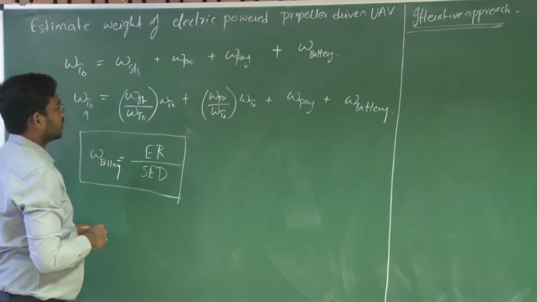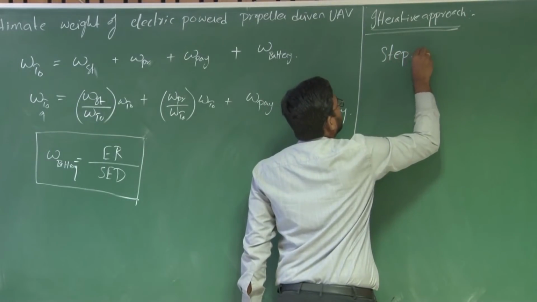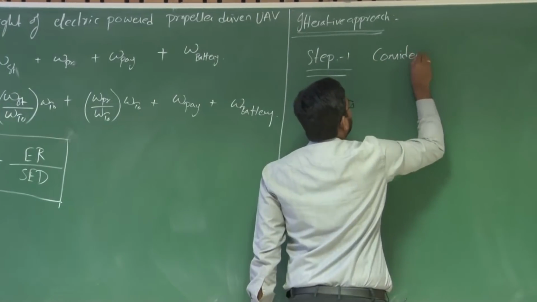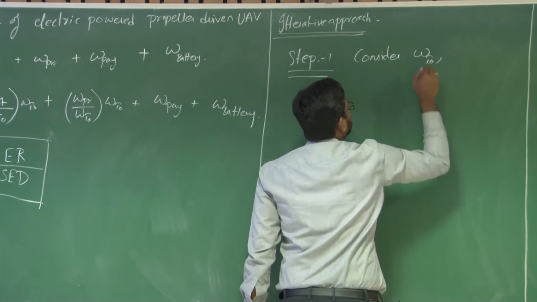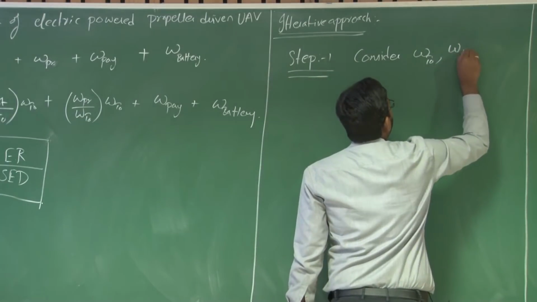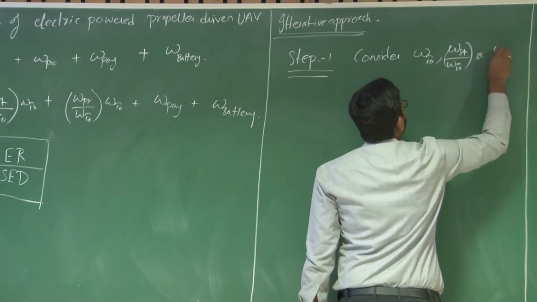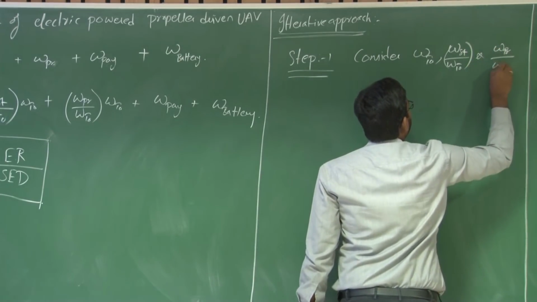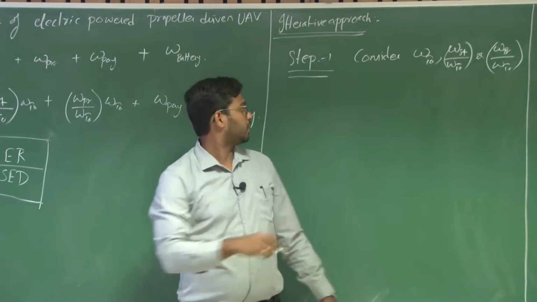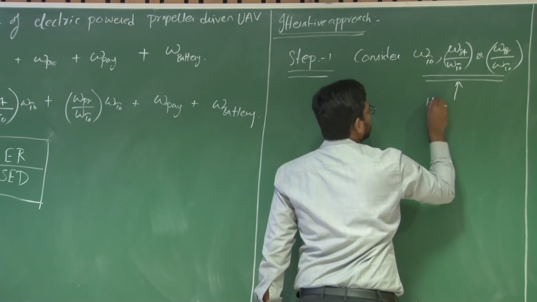So from those UAVs, step 1, consider W takeoff, right? To start with, W structural by W takeoff and W propulsion by W takeoff. So consider these three parameters from the historical database.